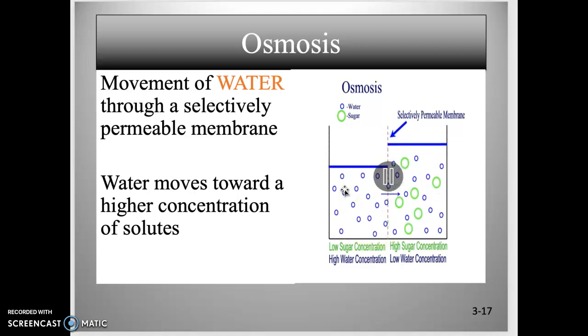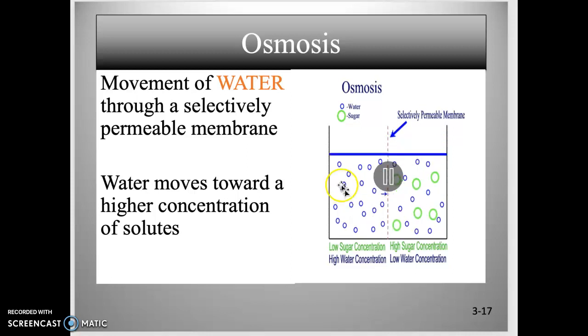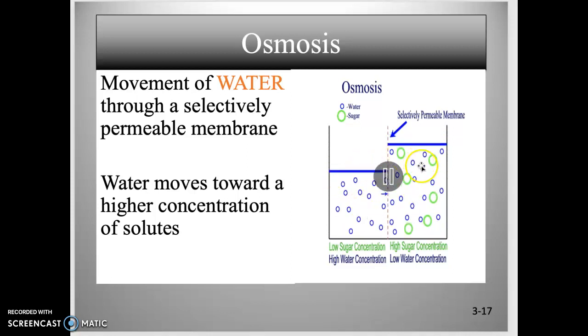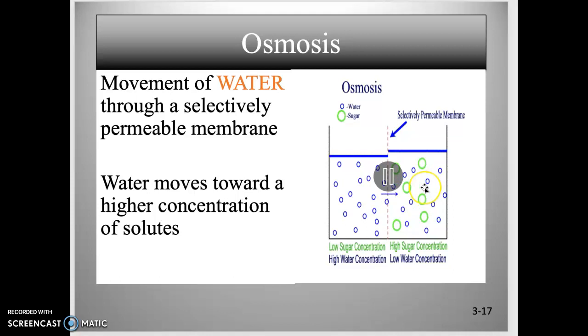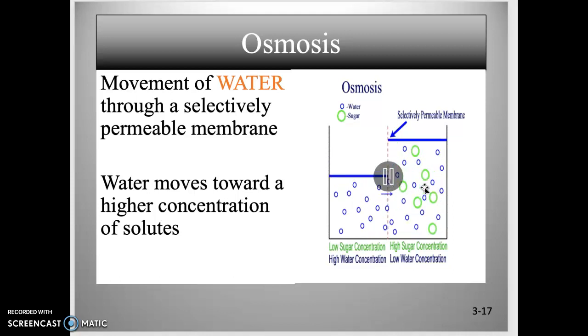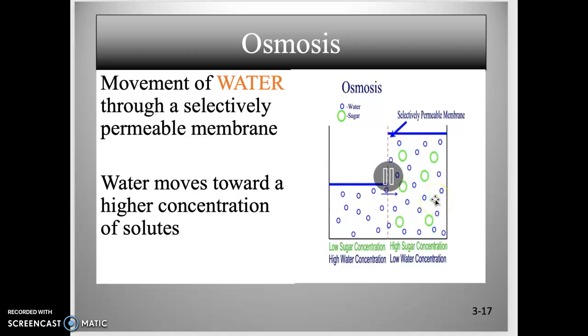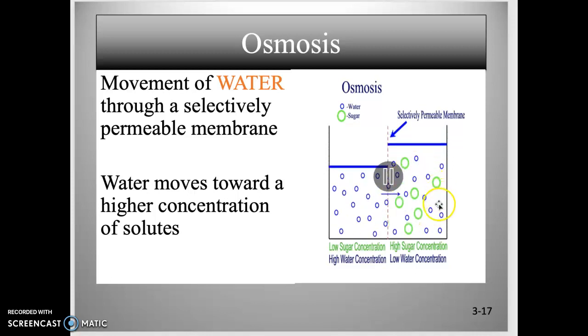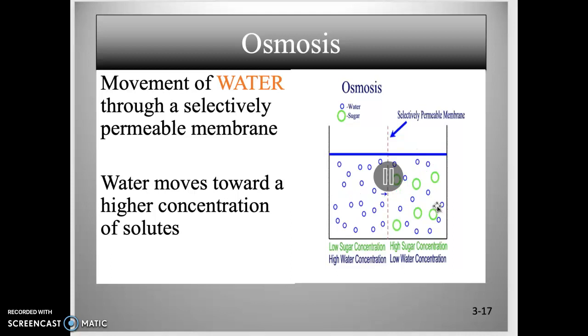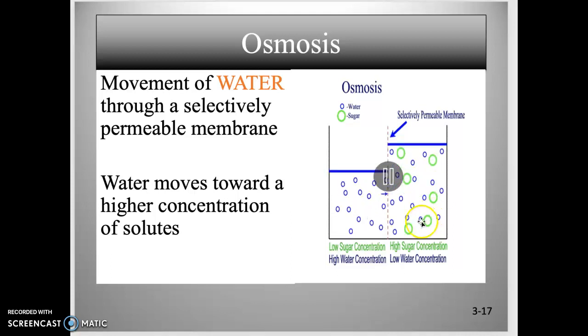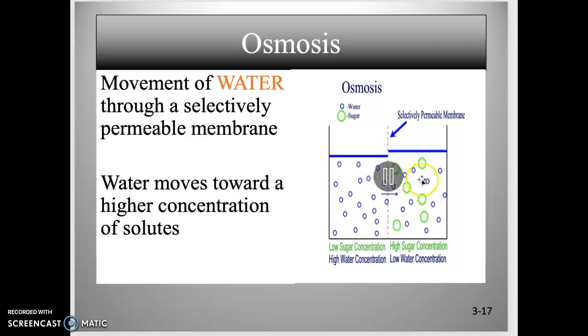You can look at it from a water perspective, in which case the water goes from high concentration to low concentration. But another way you can look at it is that water moves towards the solution that has more solute in it. Solute is just materials that are dissolved in the solution. In this case, the sugar is the solute.